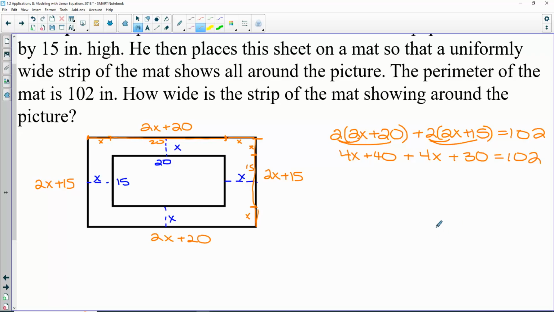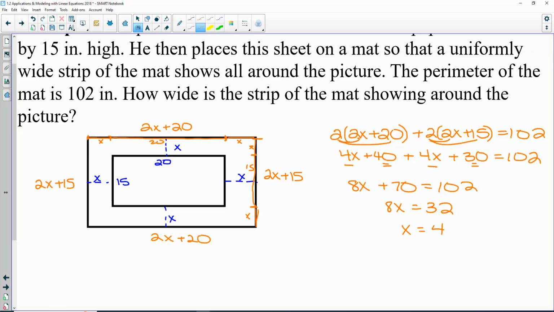Like terms, 4x plus 4x is 8x, plus 70. Subtract 70. Divide by 8. And we should get x equal 4.